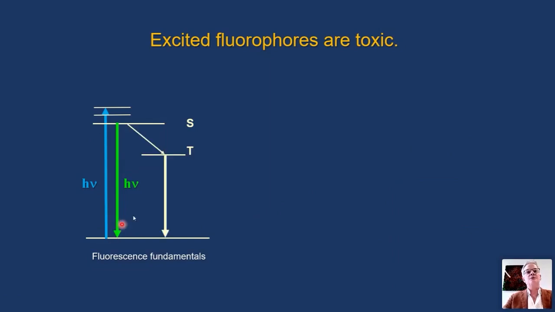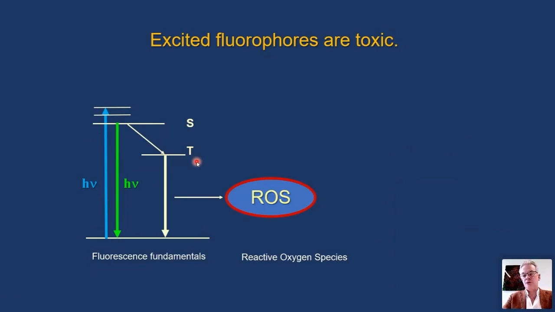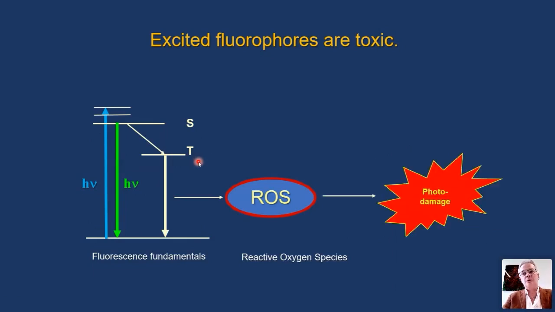But sometimes they go to the triplet state, and the T also stands for triple, but also for trouble. Because when a fluorophore is in the triplet state, it may, under some conditions, produce ROS, reactive oxygen species. And when this happens, that is trouble. That means photo damage. So that is, in fact, the background of photo damage.